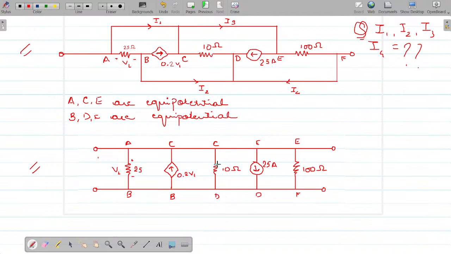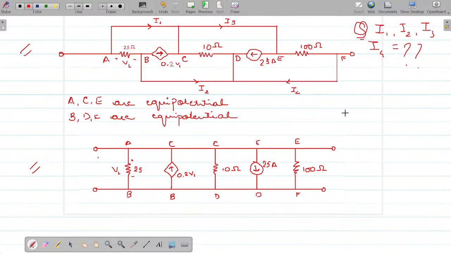And there is a resistor of 10 ohms here. Similarly, now extend point D again. But C and E are equipotential. There is a current source between E and D. Please be sure with the directions. Between E and F, there is a 100 ohm resistor.